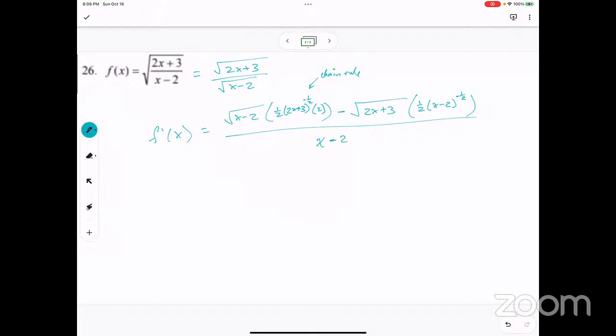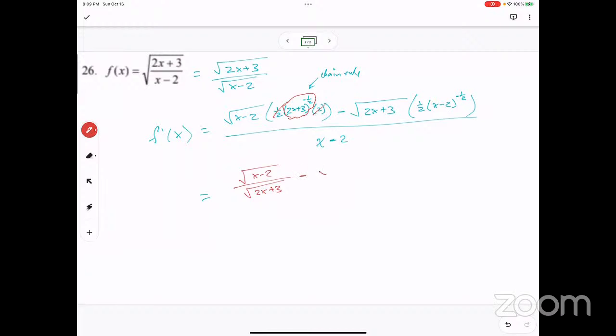Okay, now this is tricky because I have to simplify this. So let's rewrite these things. Those 2's cancel. I'm going to use red to rewrite it. Those cancel out, the 2 and the 1/2. Right? So I'm going to have the square root of x minus 2 all over the square root of 2x plus 3, because that's what this is right here. Got it?